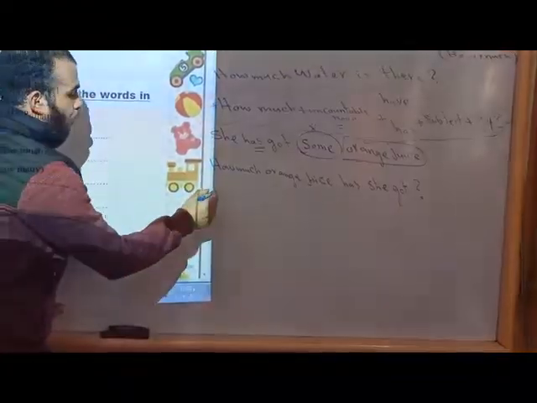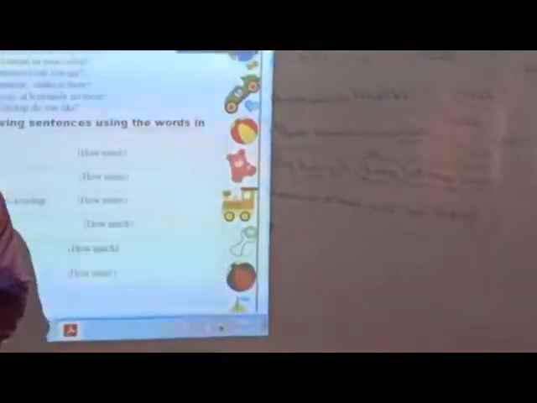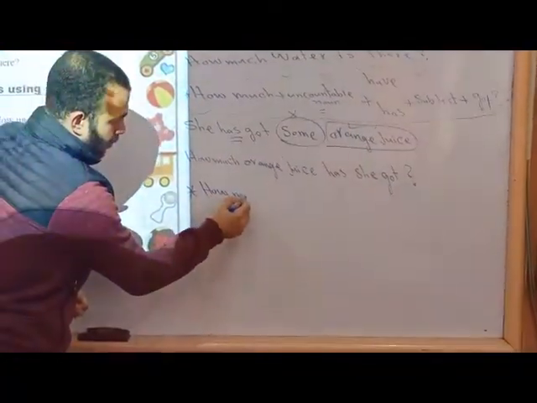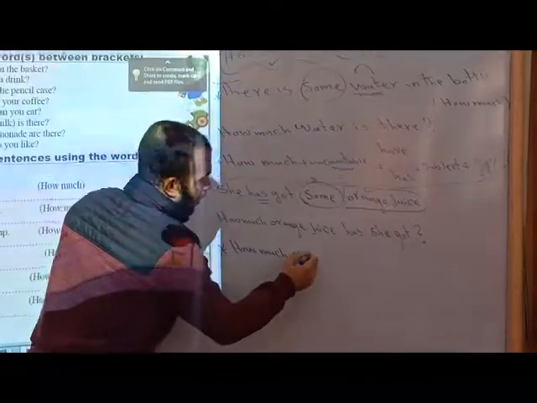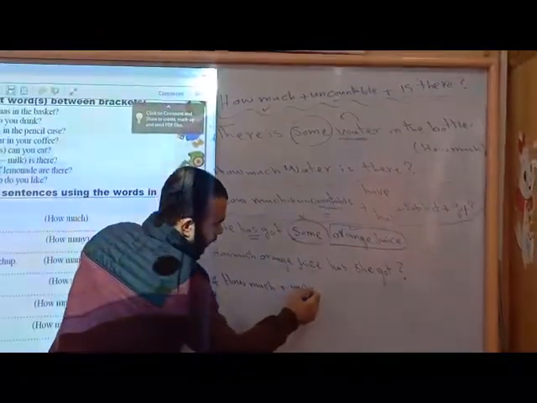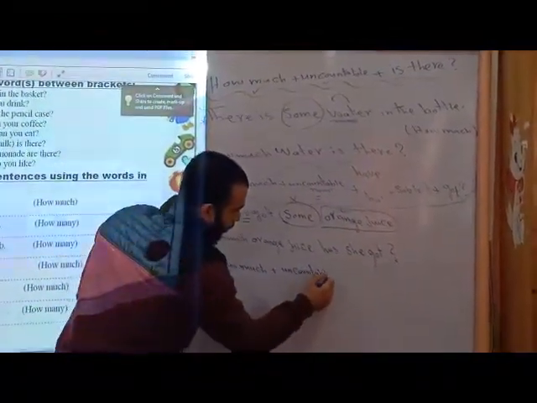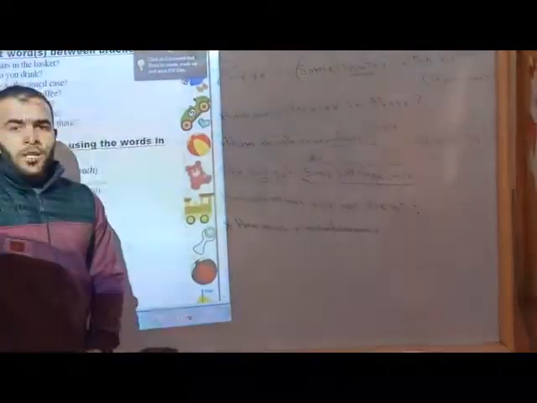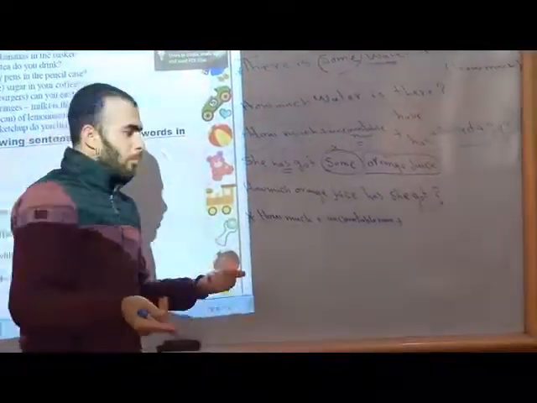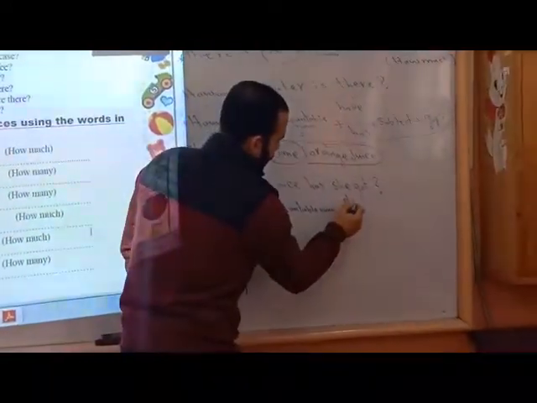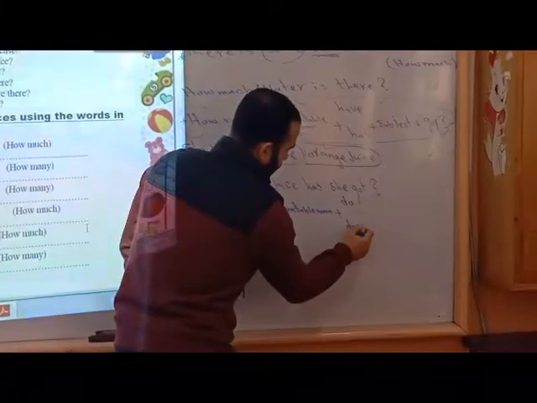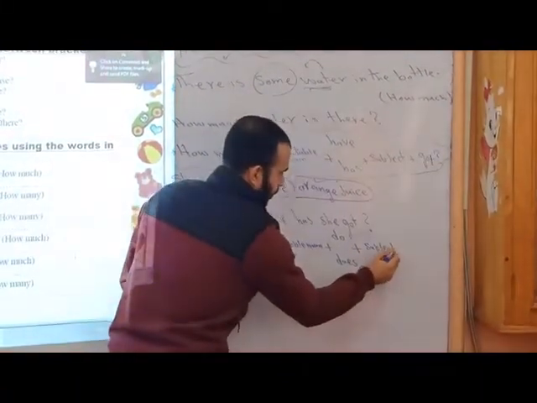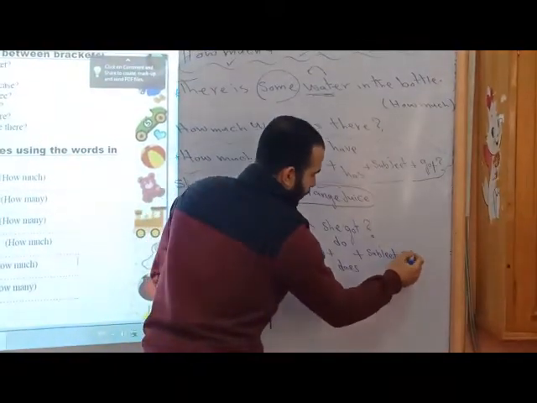Last one, if we have a sentence in the present simple, you are going to start by how much plus uncountable noun plus auxiliary or helping verb in the present simple, do or does, based on the subject, plus verb in the infinitive.